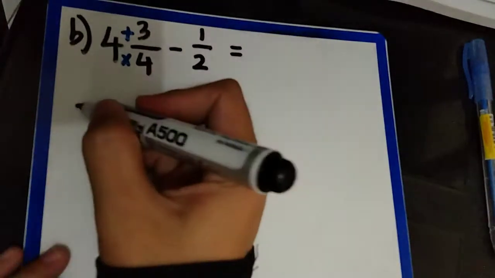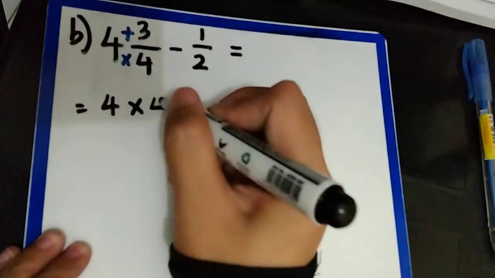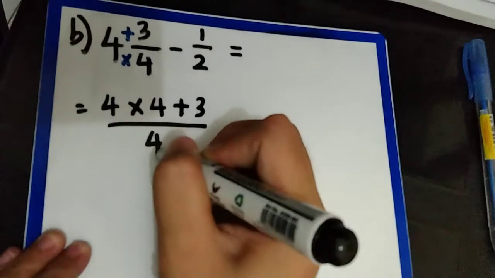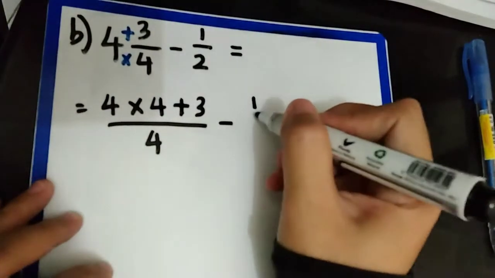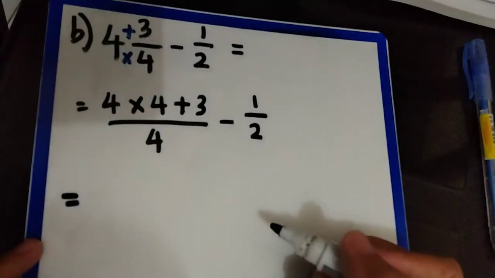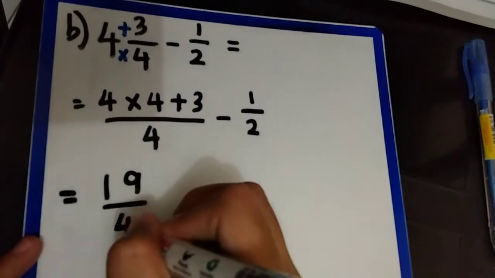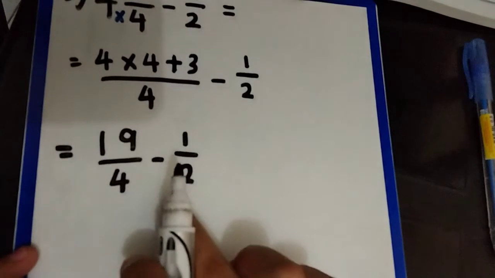So 4 times 4 plus 3 over 4, minus 1 over 2. So it will be 19 over 4 minus 1 over 2.